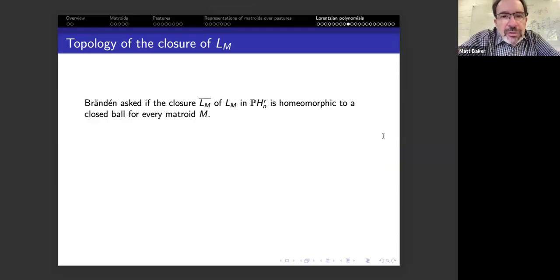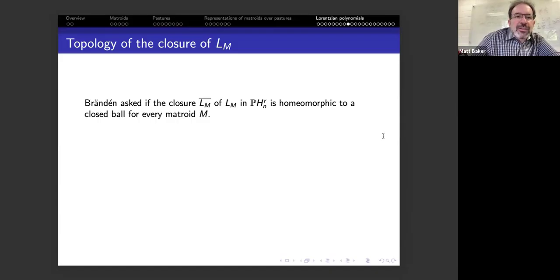A theorem we were able to prove by looking at things in this way is if you now take the closure of L sub M, and there's two kinds of projectivizations or two kinds of closures going on here, so anyway, you make this space of Lorentzian polynomials compact in some natural way.